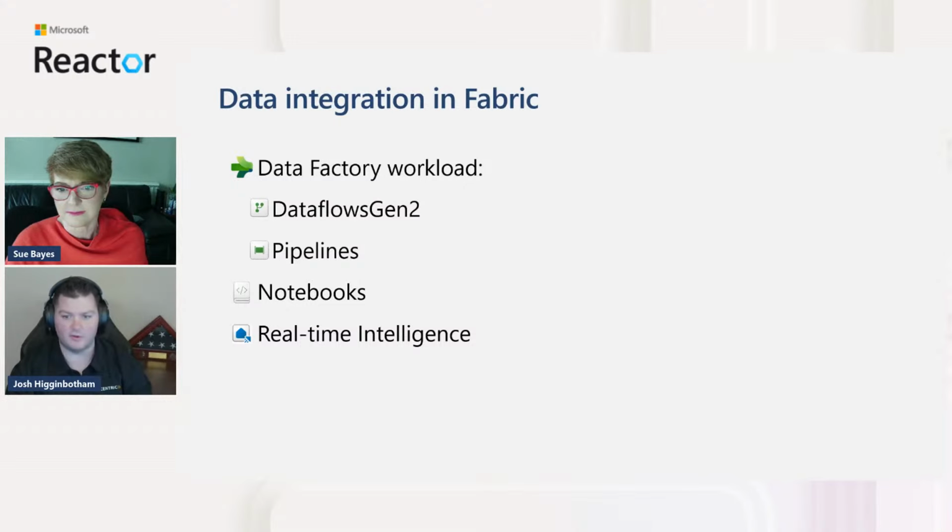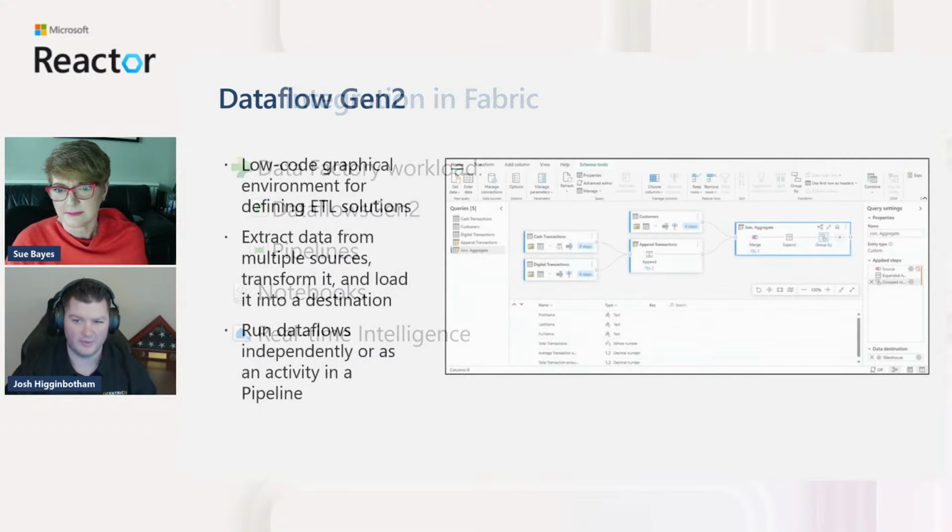We'll talk a little bit about real-time intelligence later on within some slides that will add some additional clarity, I believe. But like Sue mentioned, with me having experience in shortcuts and mirroring, I don't use Dataflow Gen2s that often, so I want to hand this over to Sue to talk about that in a little bit more detail.